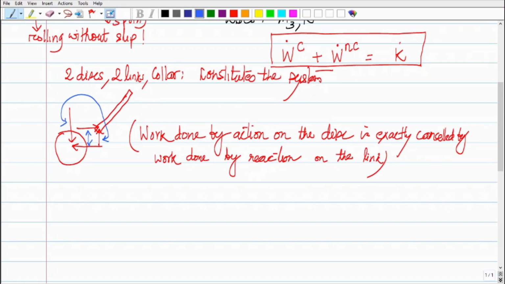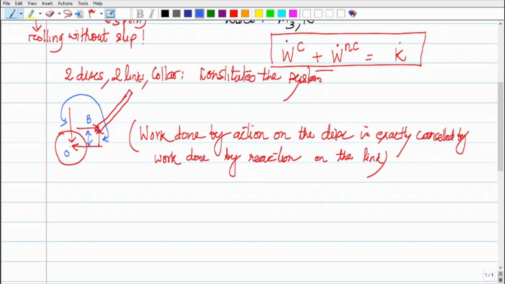See, what's the action, what's the point of application? So for the disk, if it is O, then here we have, let's say, B. So O and B, because they are pinned together, so they undergo the same displacement. And because action and reaction are opposite to each other, so force times displacement and reaction force times displacement, when summed together, becomes 0.